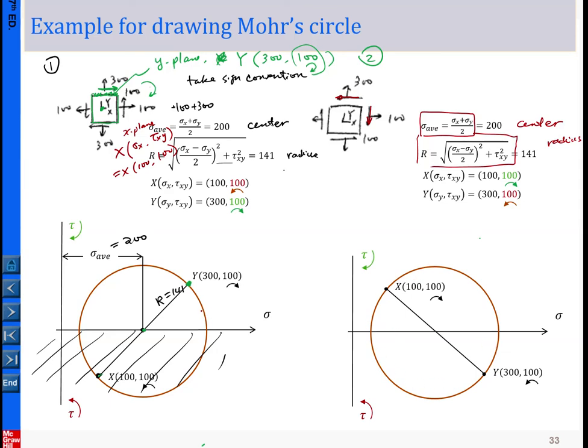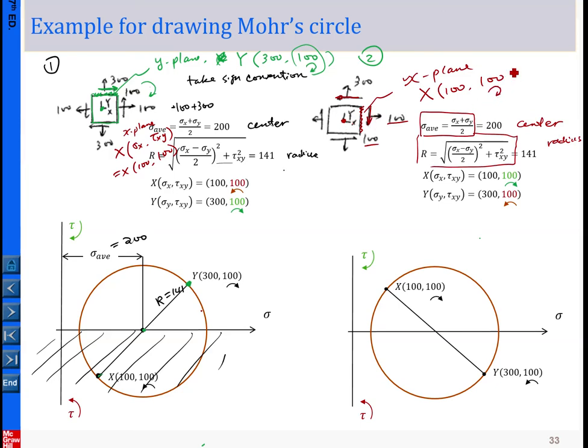Now we move on to determine the x and y points. First the x point. This is our x plane, in which we define the x point. The first coordinate is the normal stress, which is 100. The second coordinate is the shear stress, with magnitude 100. This shear stress has a tendency to rotate this stress block with respect to the origin in a clockwise way.